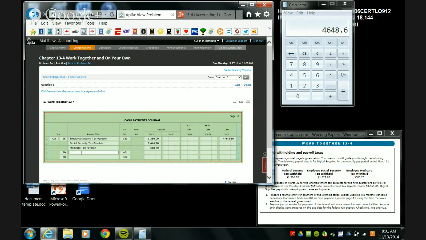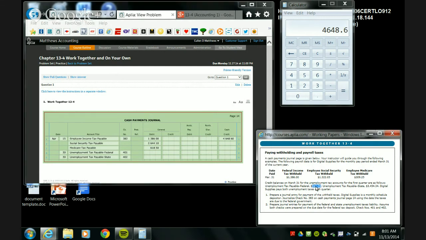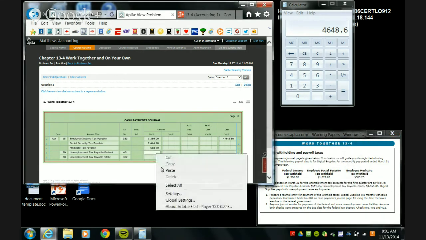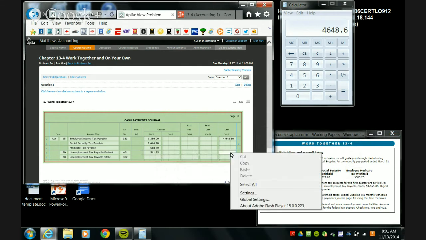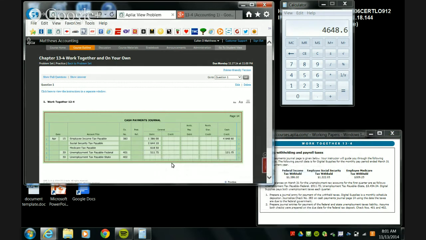So we've got unemployment federal, unemployment state, and it gives us these in here. So the $511.75 just gets pasted into both of those.